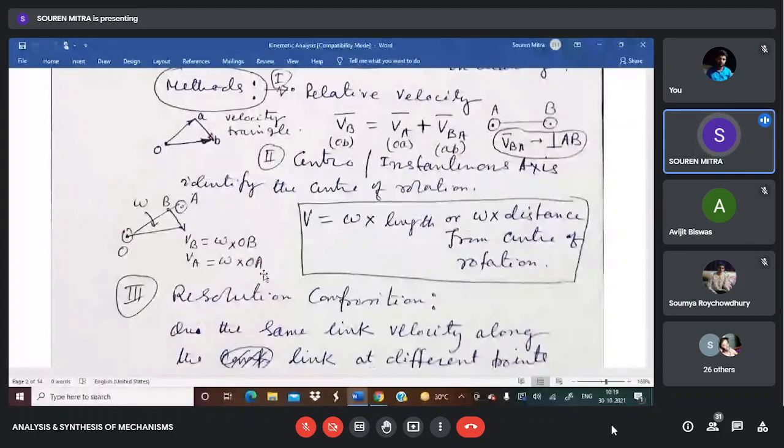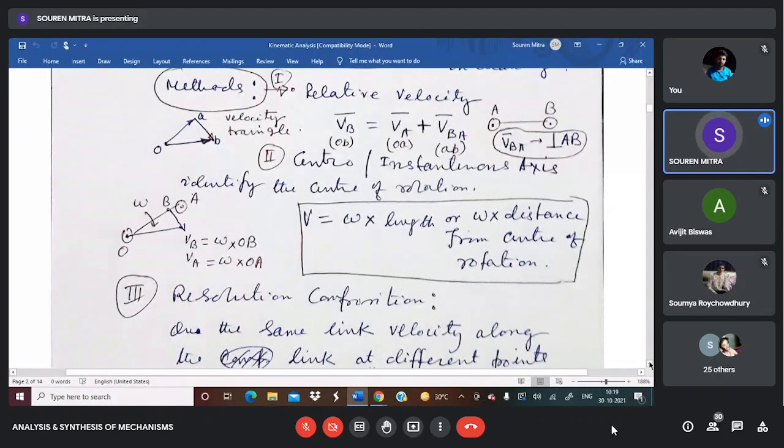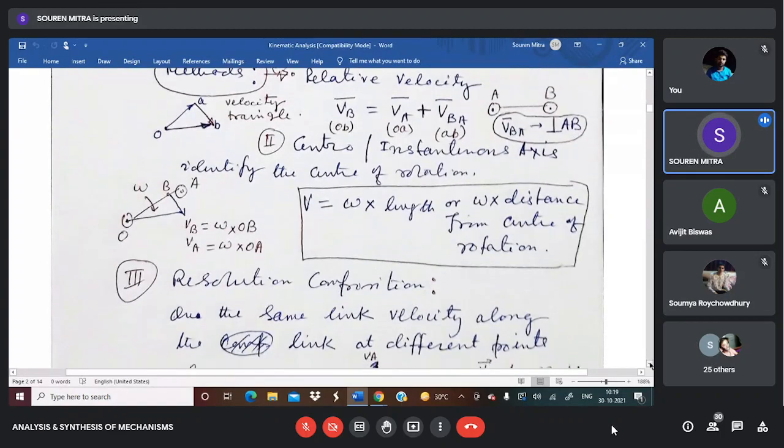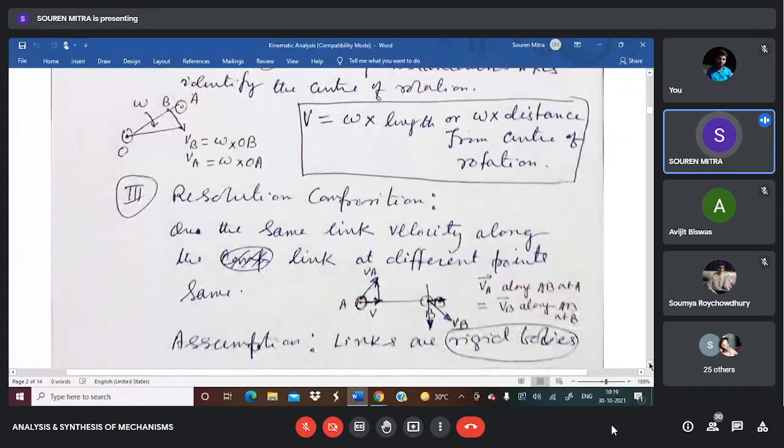And when doing it, you should try to use different colors just to differentiate between the actual mechanism and the velocity lines and velocity representations. Okay, so this is the instantaneous axis, or the centro method. And the third method, actually this method is not there in the Gauss-Molnick book, is the resolution composition method.